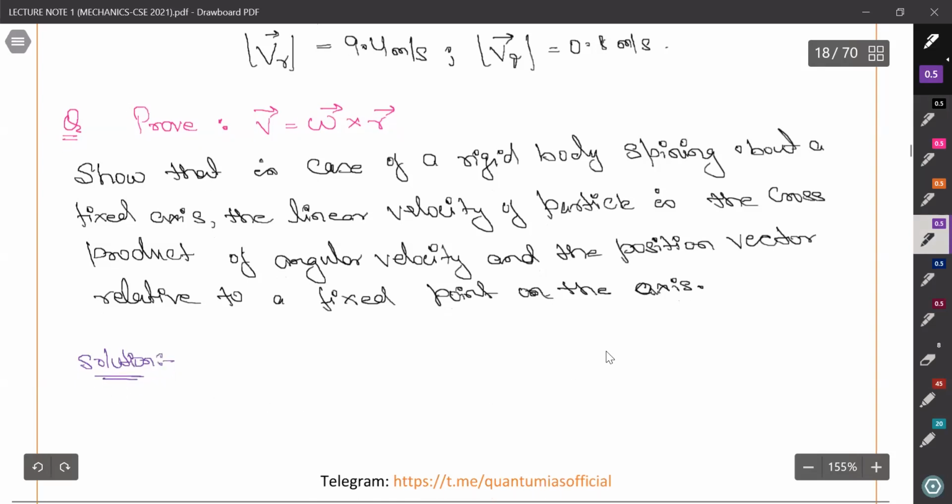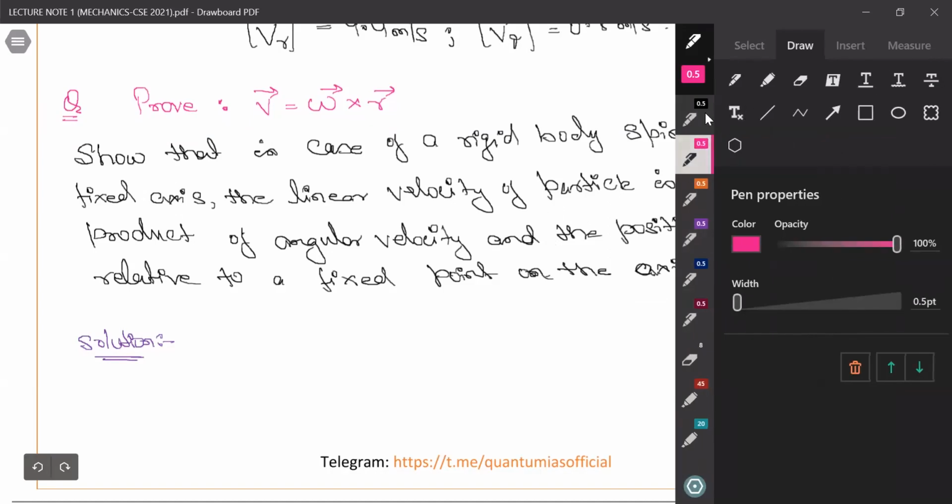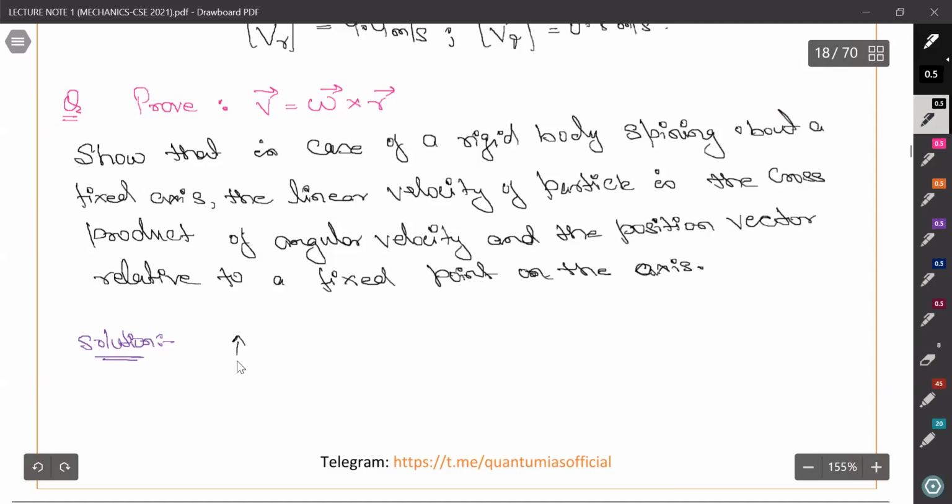What is the question trying to say? Let's see this. Suppose this is the axis, not the tilted one, but consider it as a straight line. And the particle is somewhere here and it is moving around this with omega, and from here we are observing, this is our observation point.